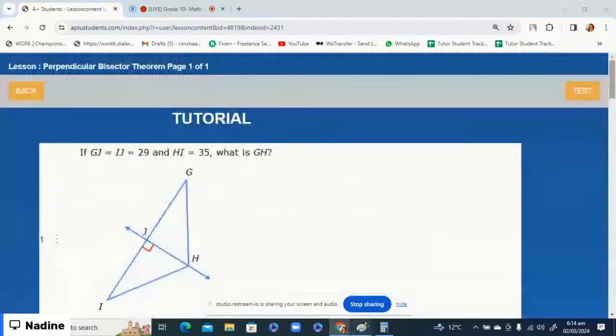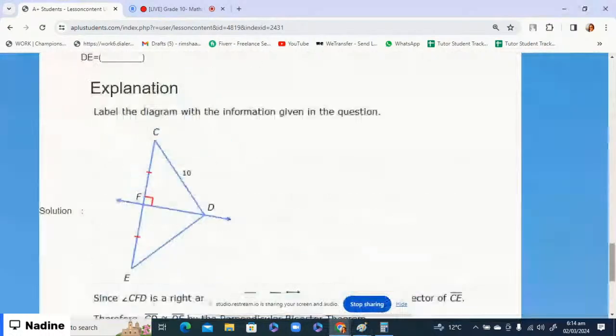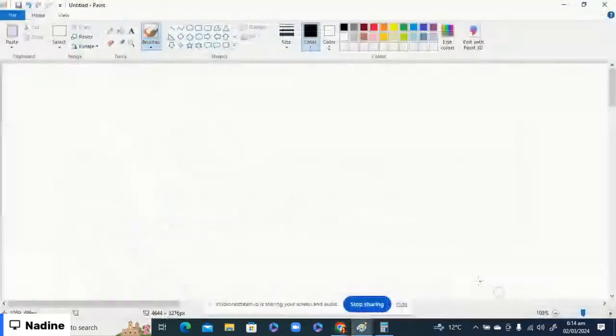If I'm going to draw a shape here, let me draw here.